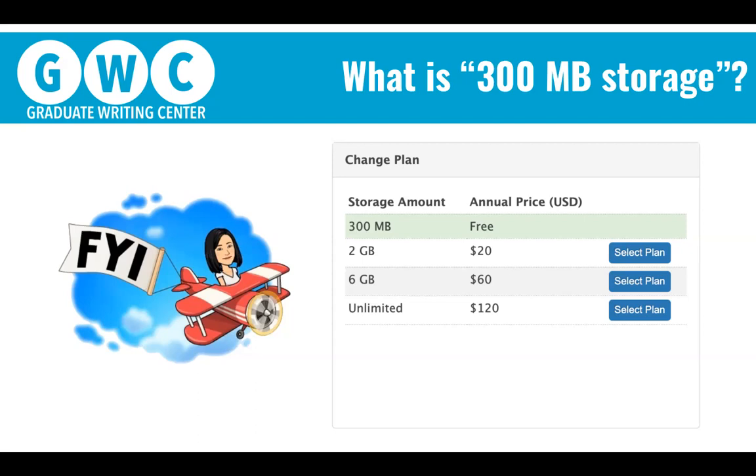What I don't want you to get confused about is that this 300 megabyte limit has nothing to do with your local storage on your computer. So I have probably gigabytes worth of files on my computer, and that does not interfere with my citational storage through the Zotero server. So there are two things to keep in mind here.